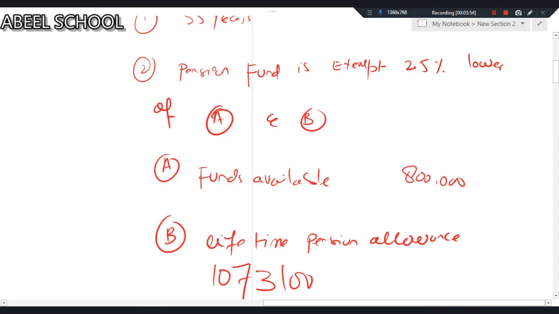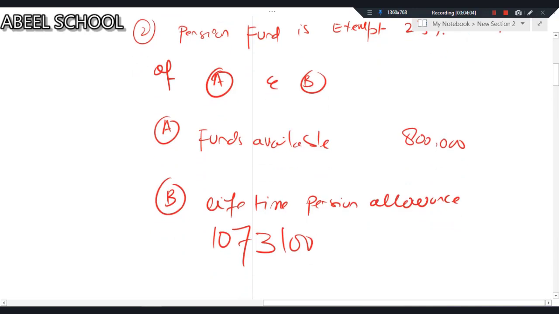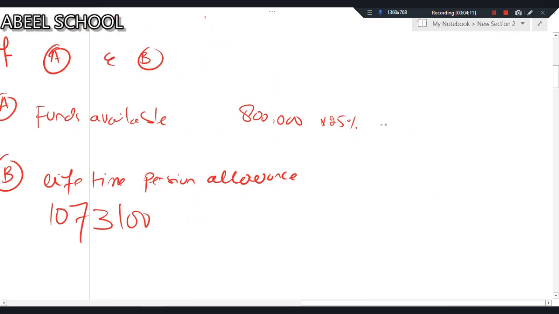If the pension funds at the time of 55 is 800,000, then the 25% which is exempt is of the lower of 800,000 and 1,073,100. So obviously we take 25% of 800,000, which becomes 200,000. So this 200,000 is exempt for the recipient.